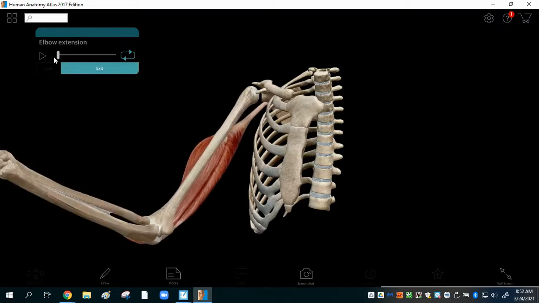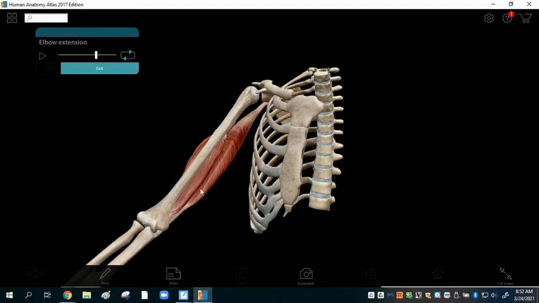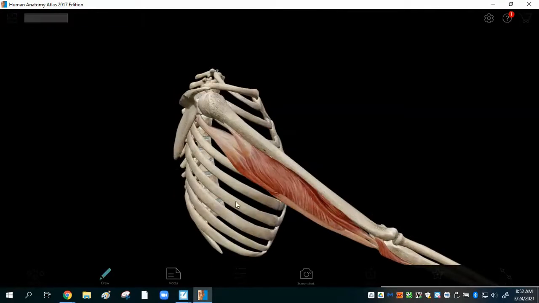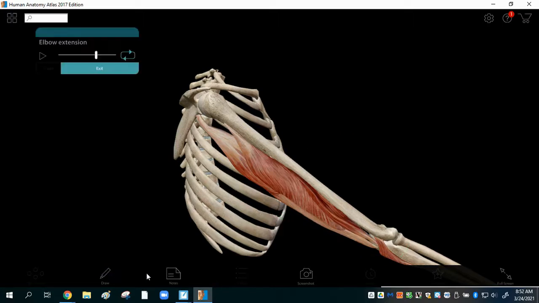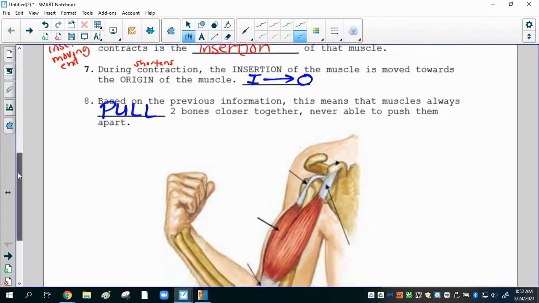Shortens to pull the arm straight again. So that's extension. So what I'm telling you is the muscle on this side did flexion. The muscle on this side does extension because it pulls that lower arm back into its original position. Every muscle in the body works the same way.